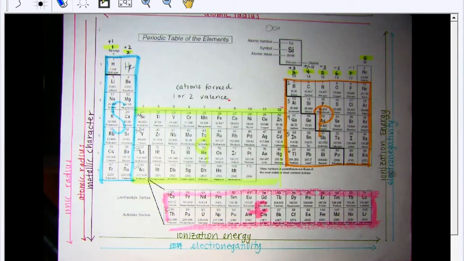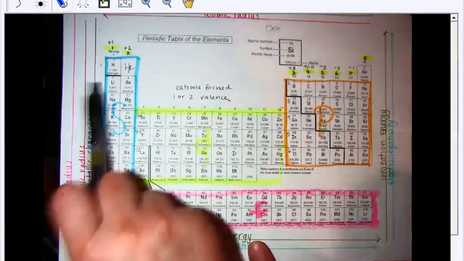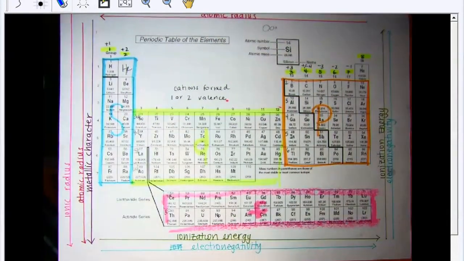But if I were to say who is less electronegative, lithium or neon, because we're going to imagine neon moving over here, neon is less electronegative than lithium because your noble gases have zero electronegativity. Okay, so keep that in mind.